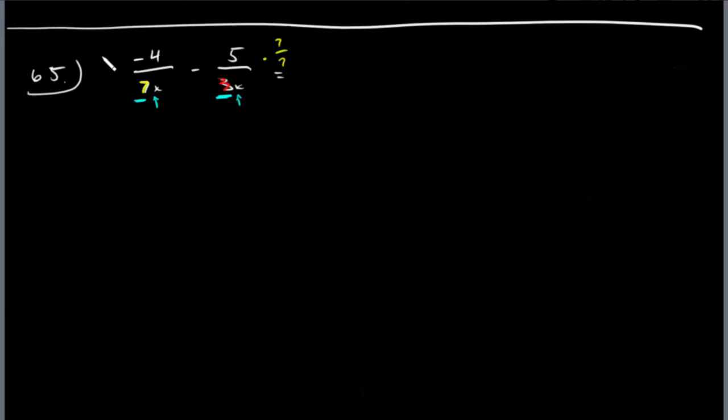This one doesn't, so it needs the 3. And now you multiply these together. So you've got 3 times negative 4, that's negative 12, over 3 times 7, that's 21x, minus 5 times 7, that's 35, over 3 times 7, that's 21x.